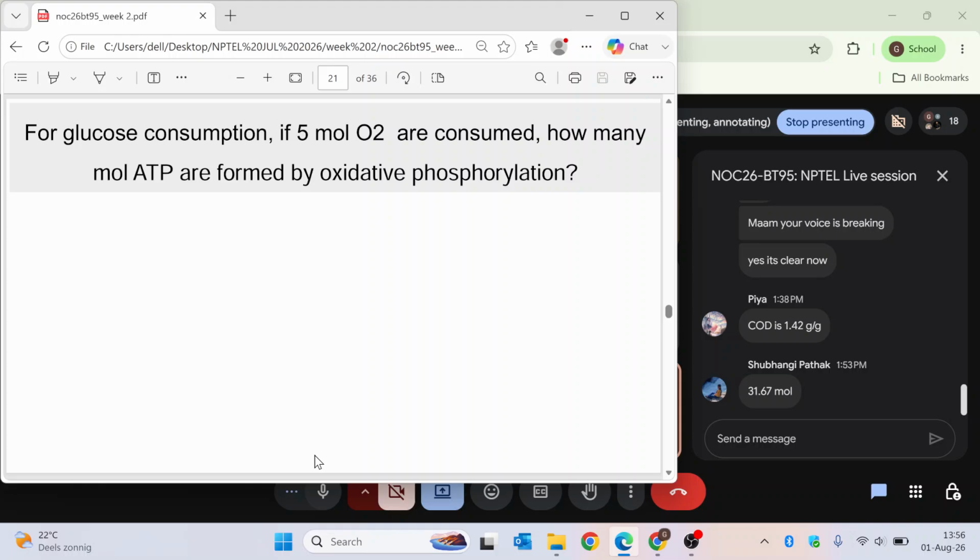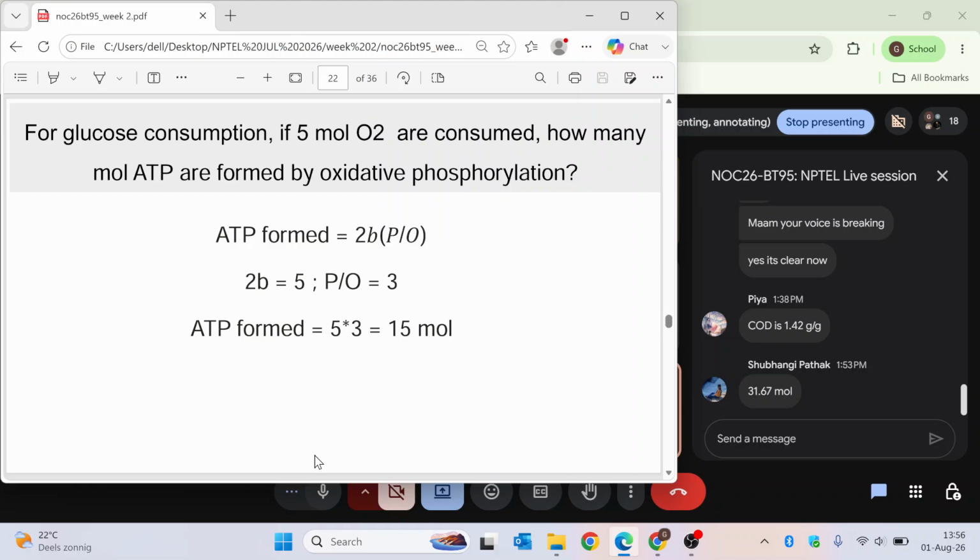Okay, so for this question, classically we have the ratio that the P by O of glucose is 3.